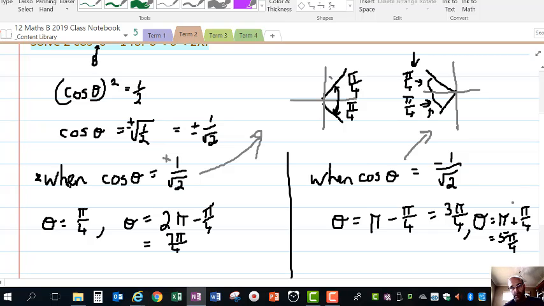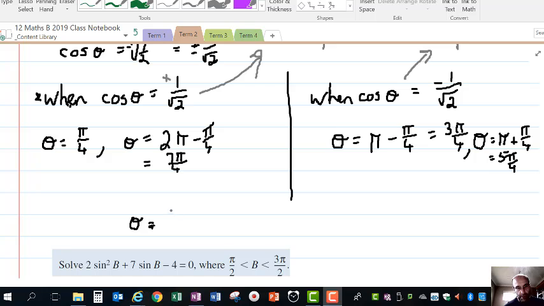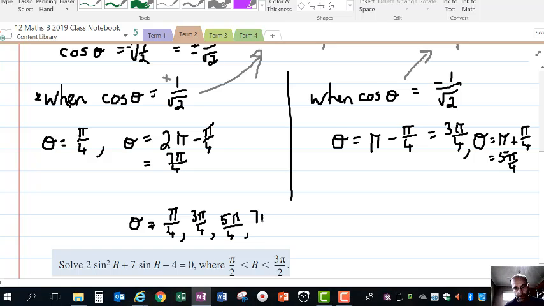So those are our solutions. Writing them in order of magnitude, from smallest to largest, we have pi on 4, 3 pi on 4, 5 pi on 4, and 7 pi on 4.